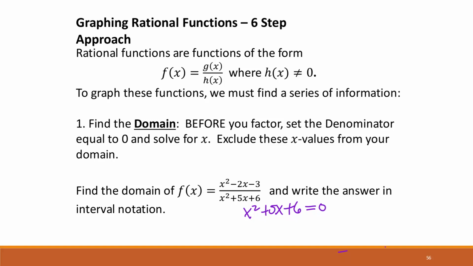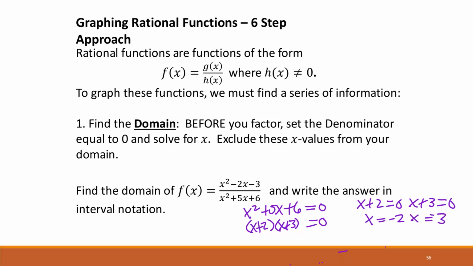equals 0. So if we solve this, we need to factor. We get x plus 2 times x plus 3. So x plus 2 equals 0, x plus 3 equals 0. So x equals negative 2 and x equals negative 3.